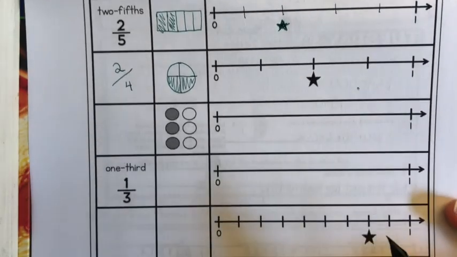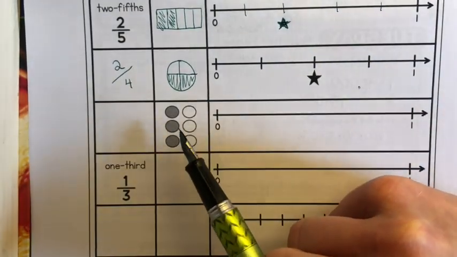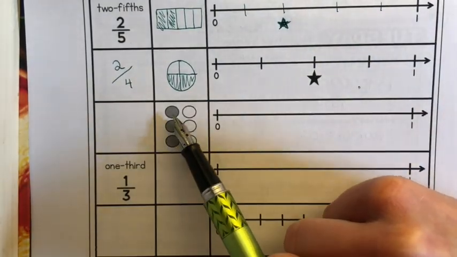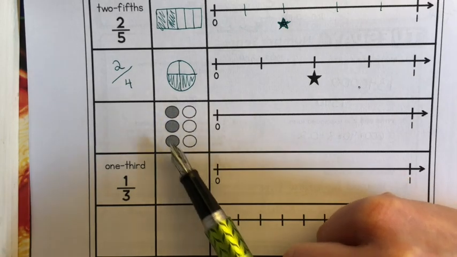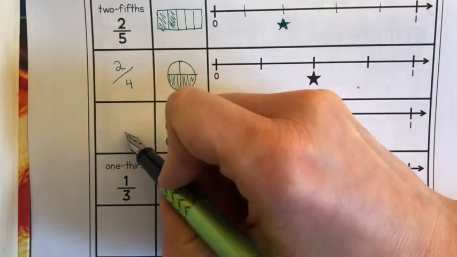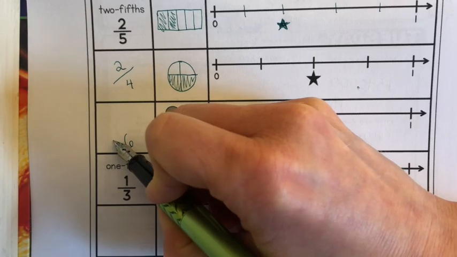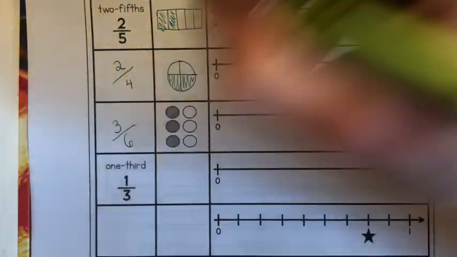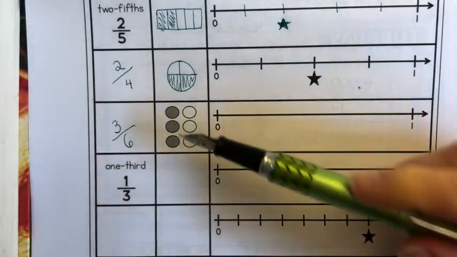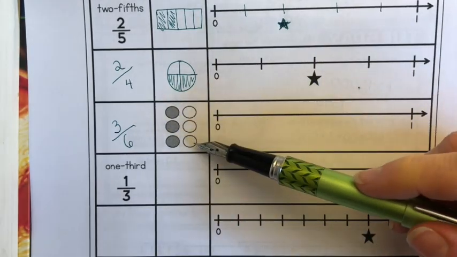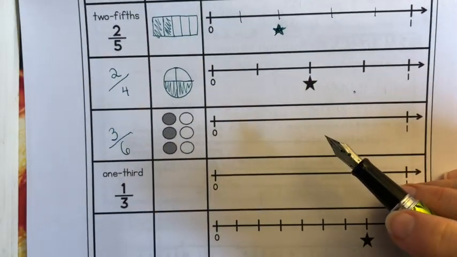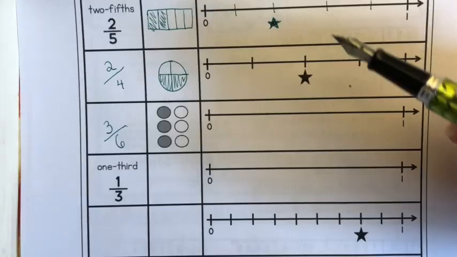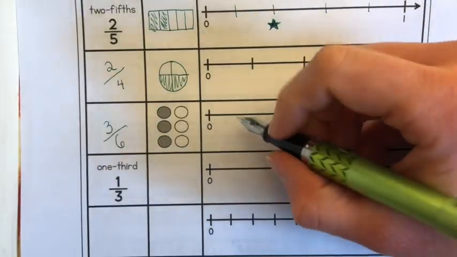Okay, my next one here, I have 6 pieces and they've shaded 3. So 6 is my bottom number, and 1, 2, 3 is my top number. Now I have to break my number line into 6 pieces. So remember, that means I need 5 lines.